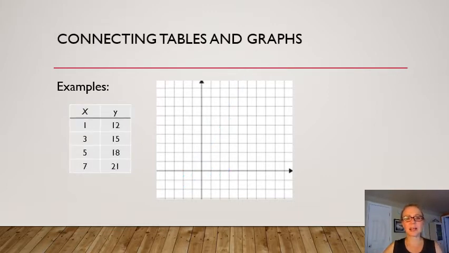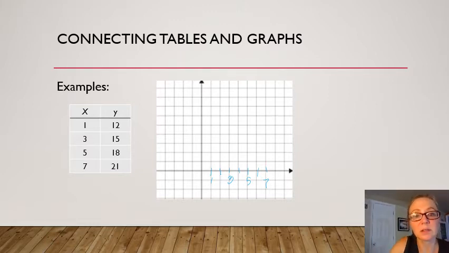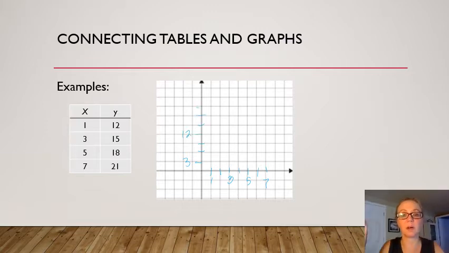In our second example, 1, 3, 5, and 7 are the x values. But my y values are too big to fit on my graph if I count by ones. So I'm going to count by threes. So 3, 6, 9, here's 12, here's 15, here's 18, and here's 21.